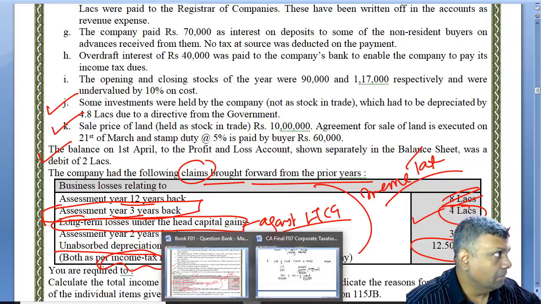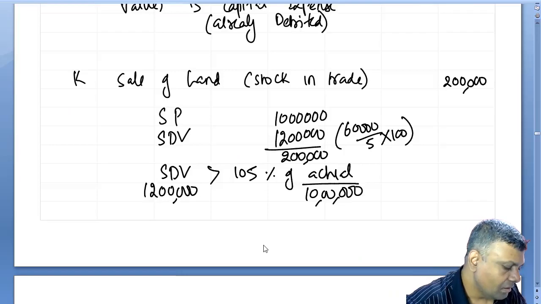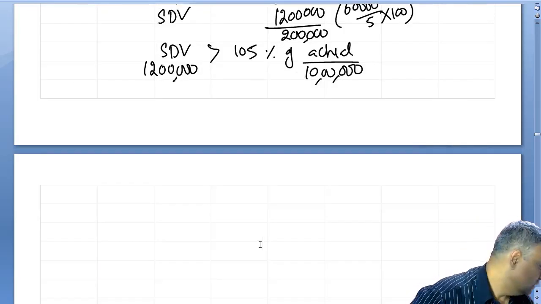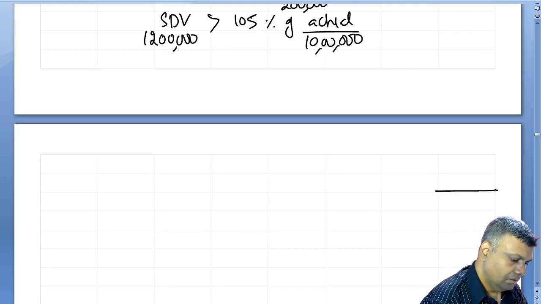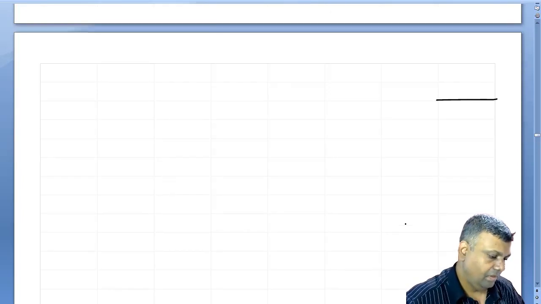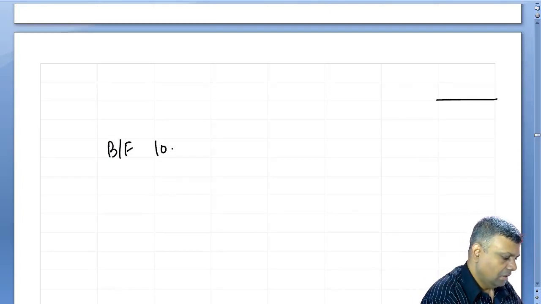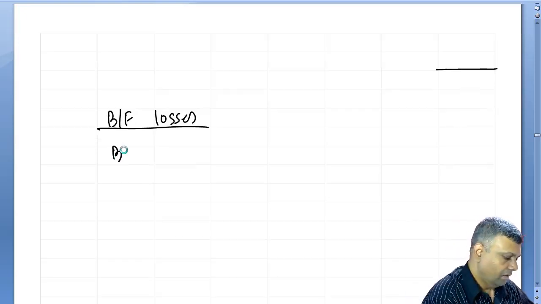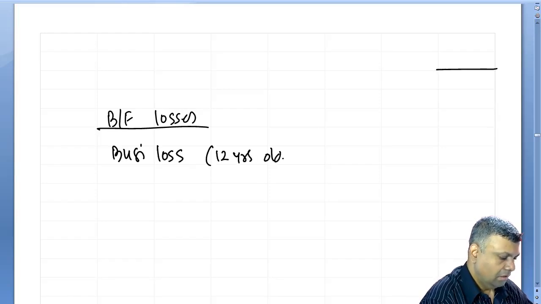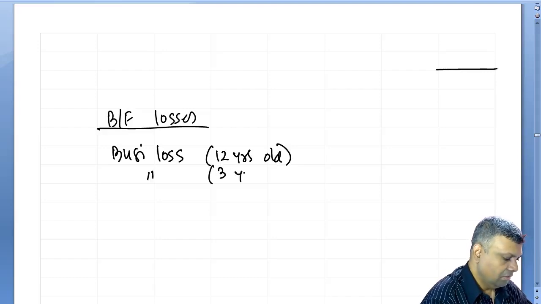Okay, so start using your calculator. This is going to be a total. Brought forward losses: business loss 12 years old, business loss 3 years old, brought forward depreciation.